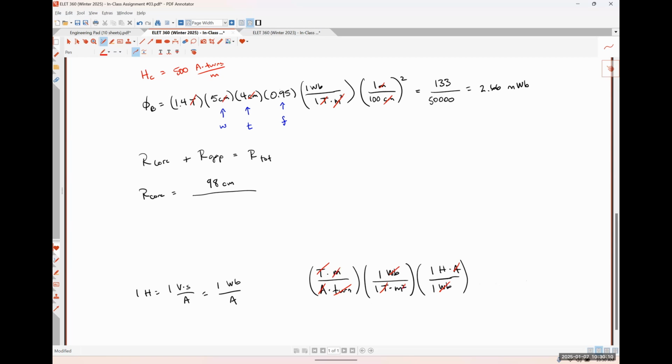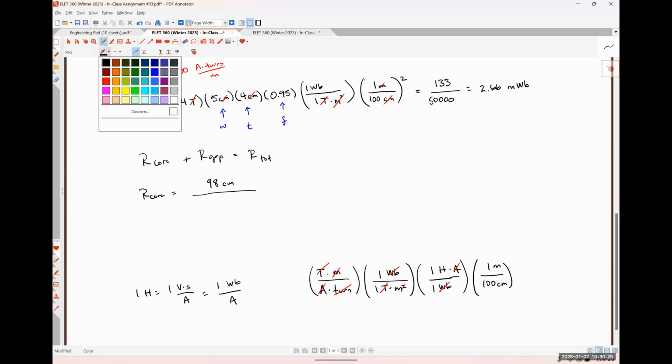This meter cancels one of these meters. So I have things in Henry per meter. So lastly, I'm going to have this as 1 meter is 100 centimeters, where this meter cancels this other guy.